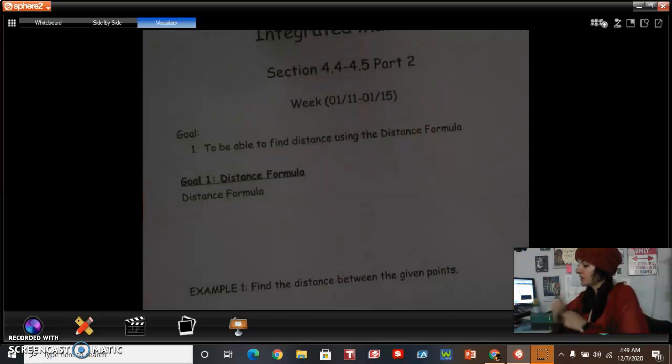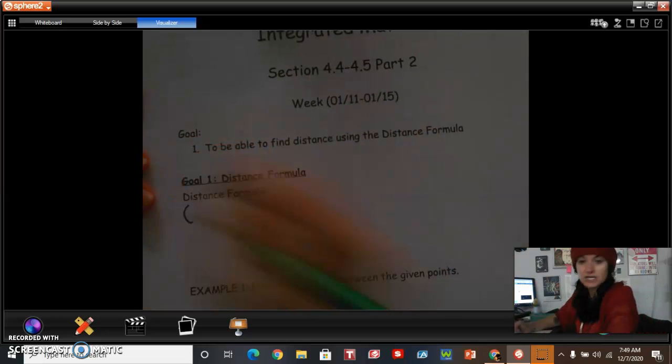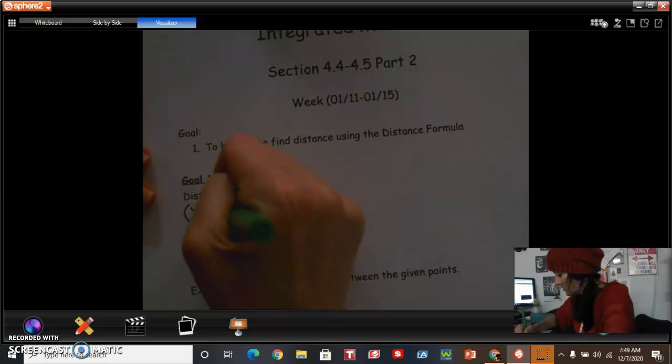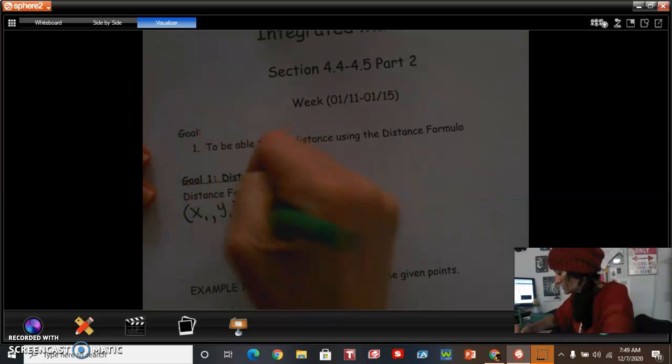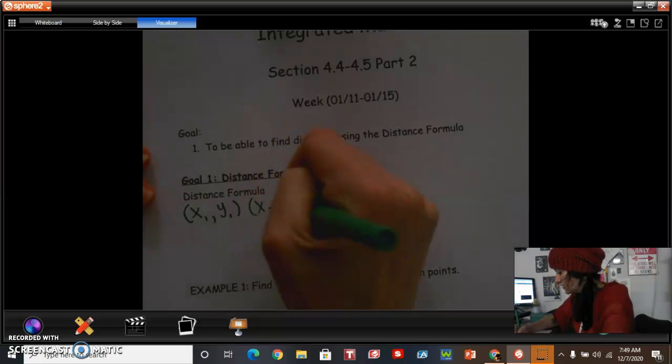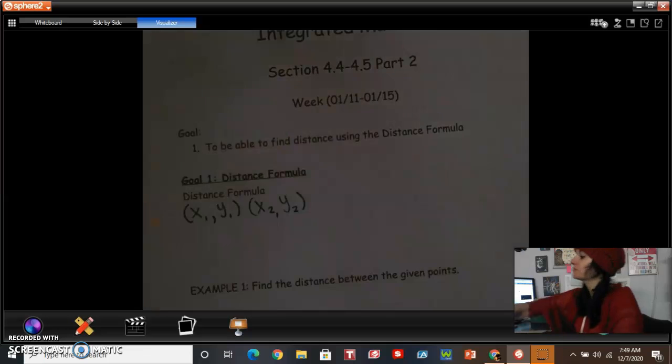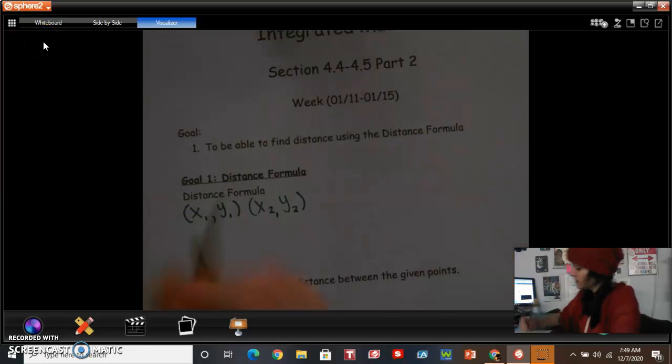Now remember, if you have 2 points, they're written as x1, y1 and x2, y2. Okay, and your distance formula, please make sure you pay attention to each part of it.